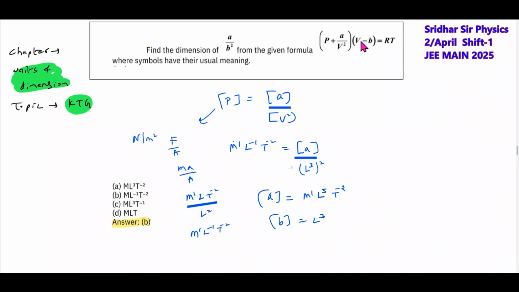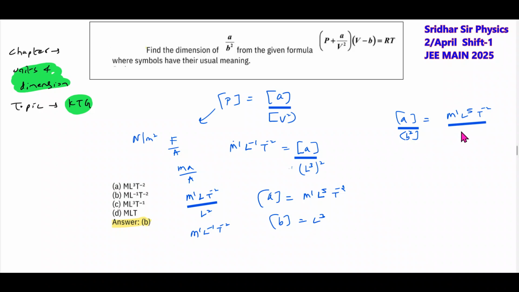Volume will be L cube. So now it is asking a by b square. The dimensions of a are M1 L to the power of 5 T minus 2.